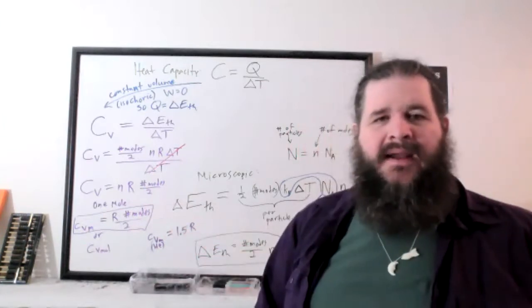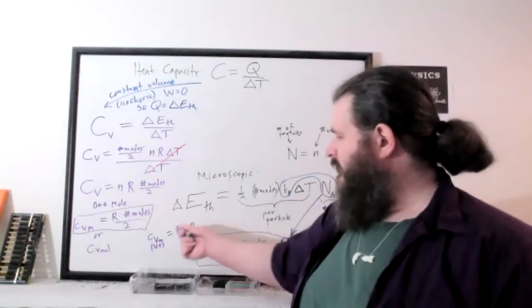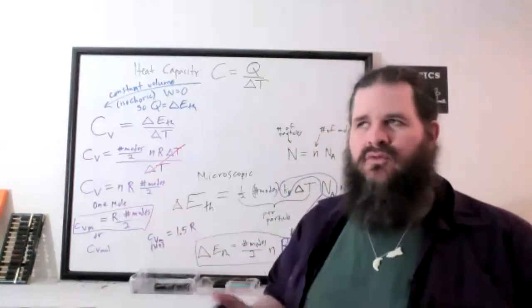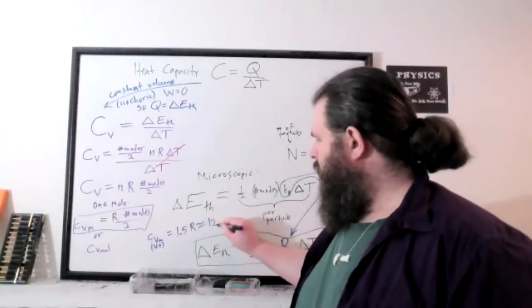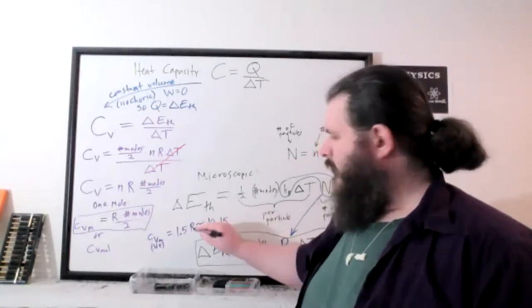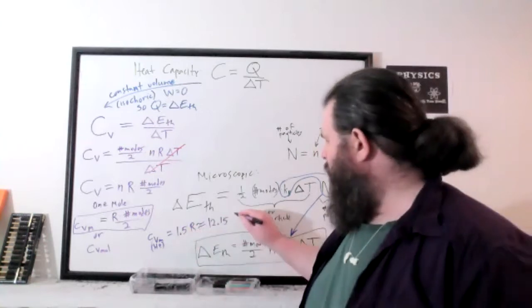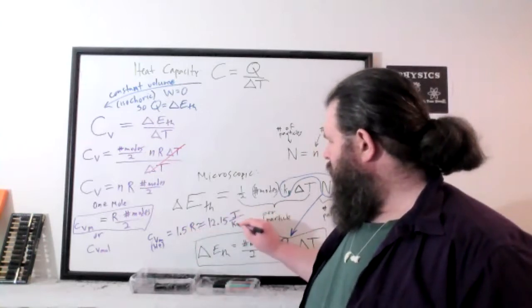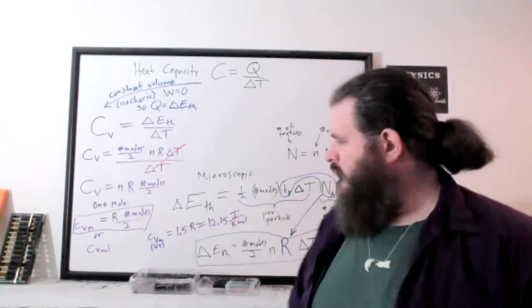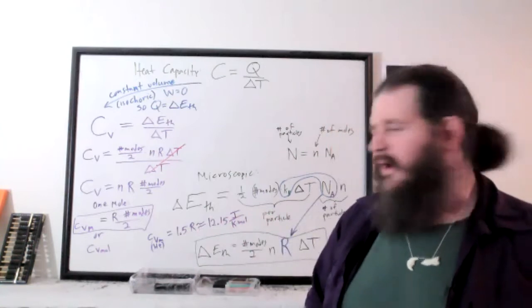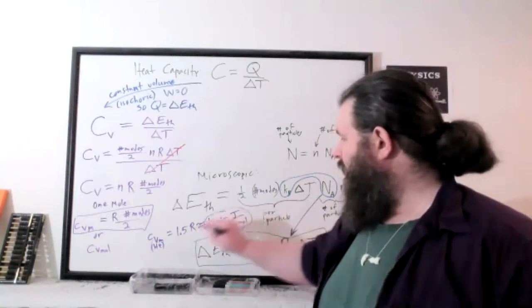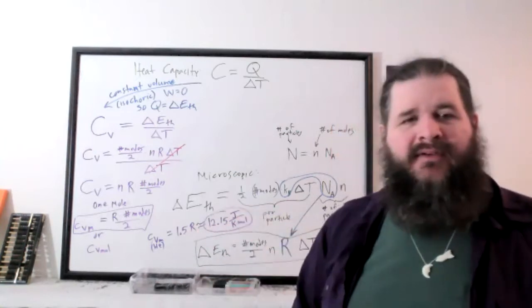And then R is about 8.3. 8.3 times 1.5 would be 12.15. And the units for R are joules per Kelvin mole. So the constant volume molar specific heat for helium or any noble gas should be pretty close to 12.15 joules per Kelvin mole.